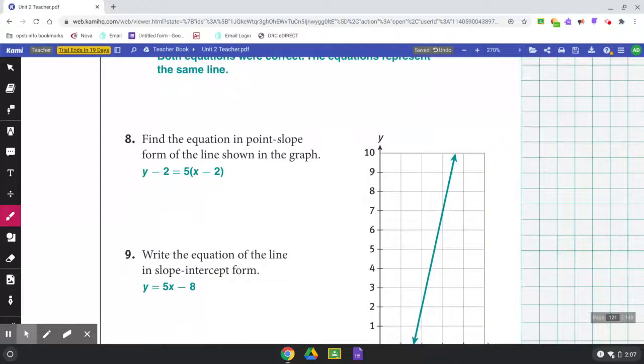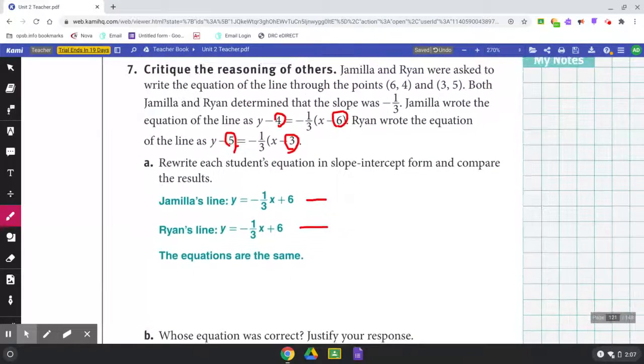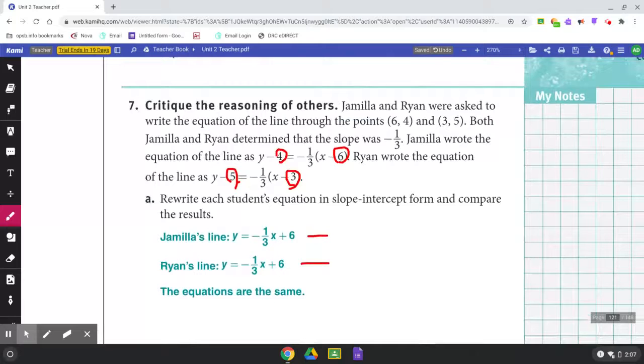Find the equation in slope form of the line shown in the graph. Now, going back to Jamila and Ryan, it doesn't matter which point you use. It can be any point on the line, just as long as you use the x and y of the same point. You couldn't use 6 and 5 in this case, or 3 and 4. You have to use 6, 4, and 3, 5. And then the slope, of course, would be the same.